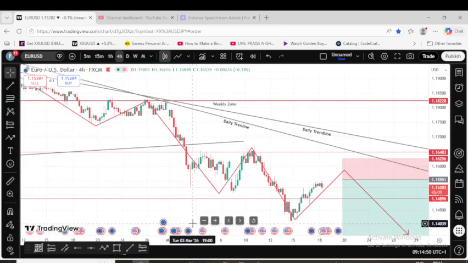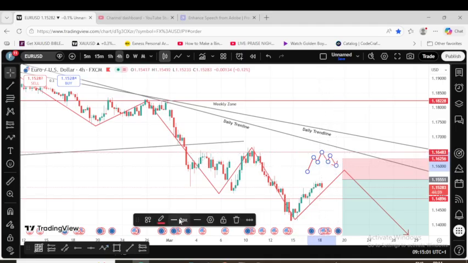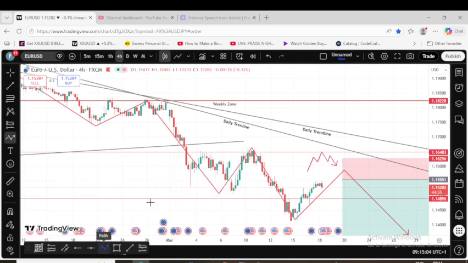So we should be expecting something like this, a head and shoulders pattern, or we should be expecting something like this, a triple top. So that's it for the top to bottom analysis on EURUSD.